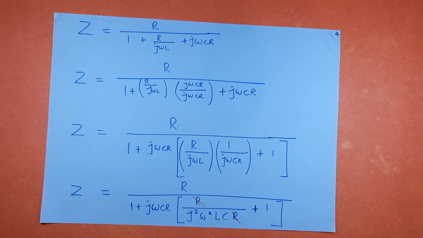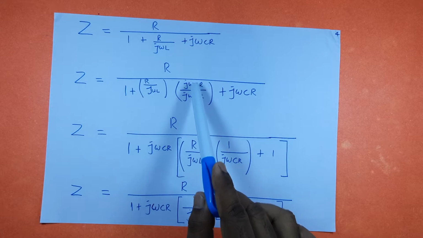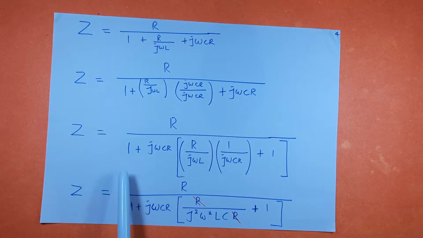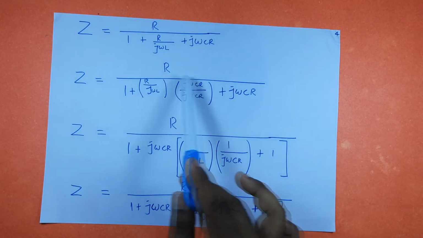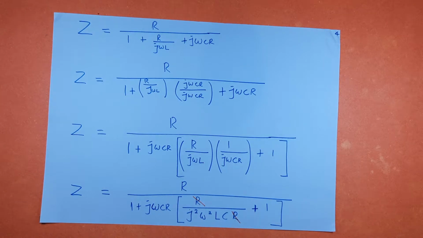So Z equals R divided by 1 plus R by j omega L multiplied by j omega CR divided by j omega CR, plus j omega CR. Z equals R divided by, you take j omega CR outside, 1 plus j omega CR, R divided by j omega L, 1 by j omega CR also taken out, plus 1.